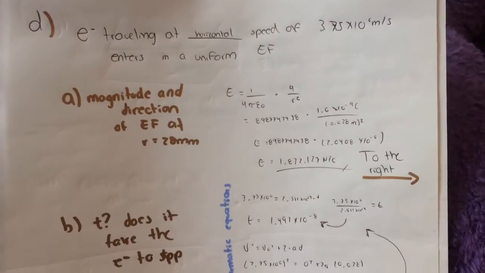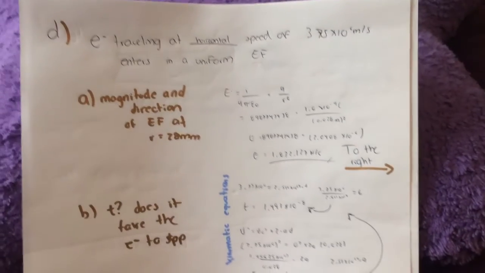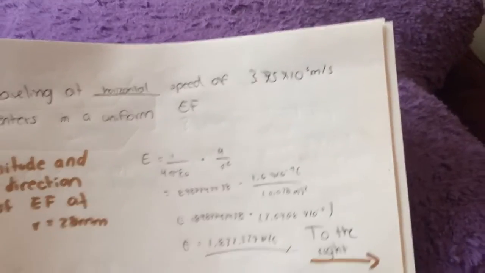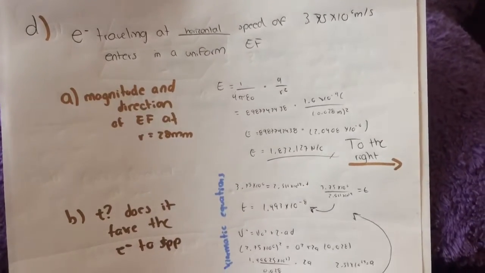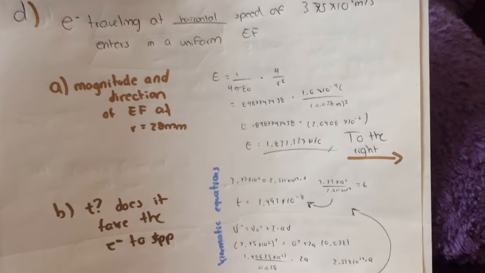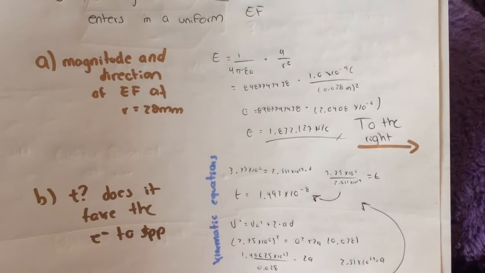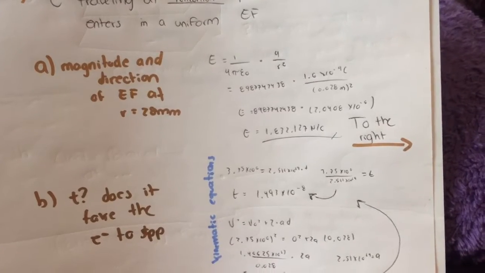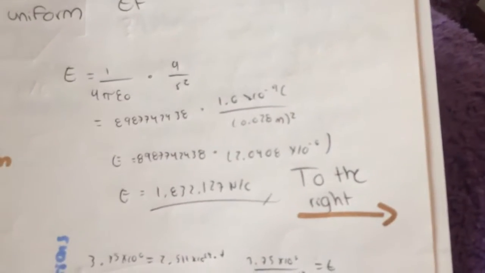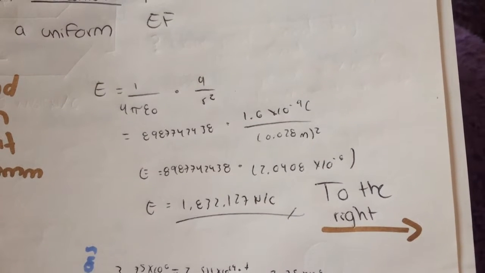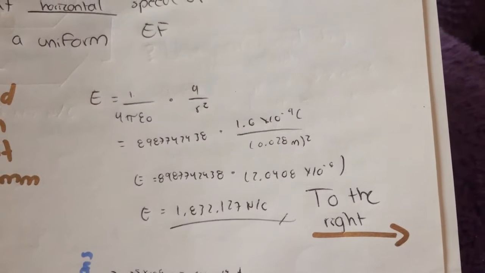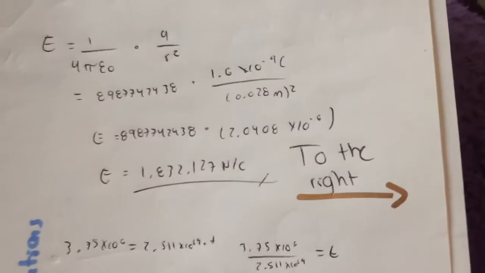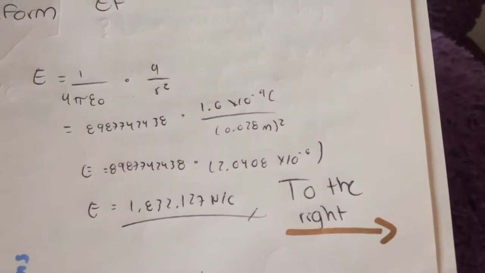For problem D, we have an electron traveling at a horizontal speed, here we have the speed, that enters a uniform electric field. For question number 1, the magnitude and direction of the electric field at a distance of 28 millimeters, we use the formula of the electric field equals 1 over 4 pi epsilon 0 times charge over distance squared, and the direction is to the right.